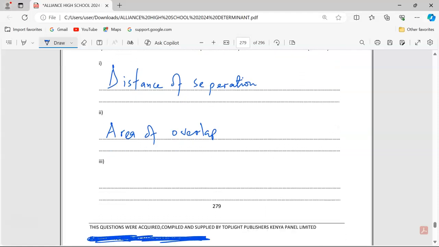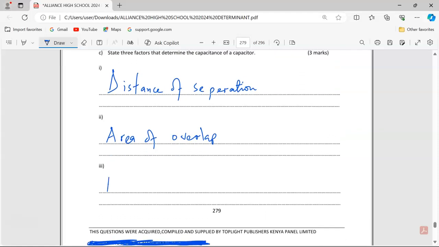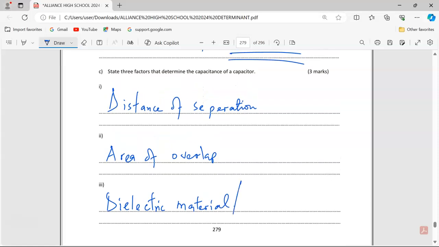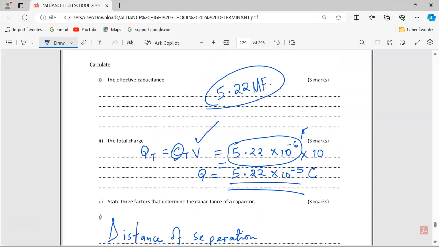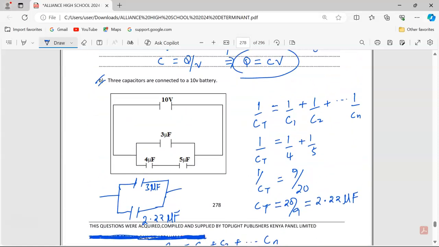Then the last one is the dielectric material, the material used in between, which is the insulator between the plates. It's what we call the dielectric material. Those three are the factors affecting the capacitance of a capacitor.